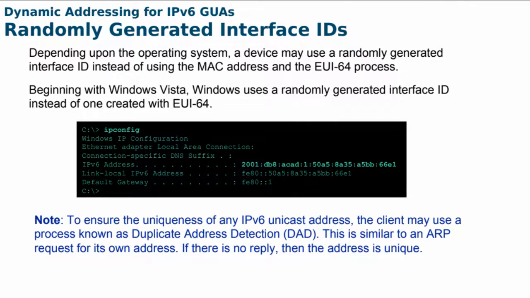And with Windows, the old way was a randomly generated interface ID. If you type ipconfig, you will get these IP addresses. We have the IP version 6 address, the link local IP version 6 address, it's different, and we have the default gateway.